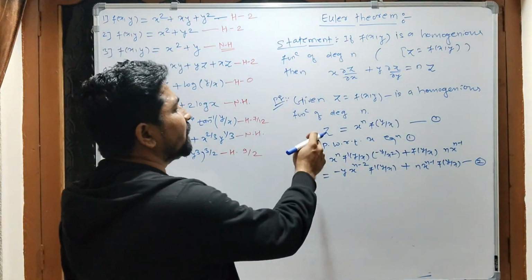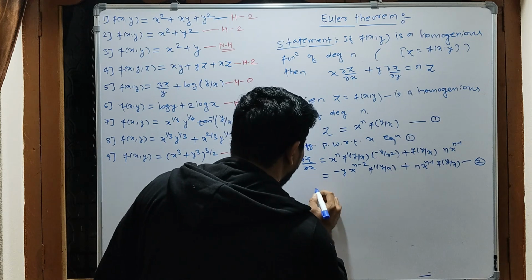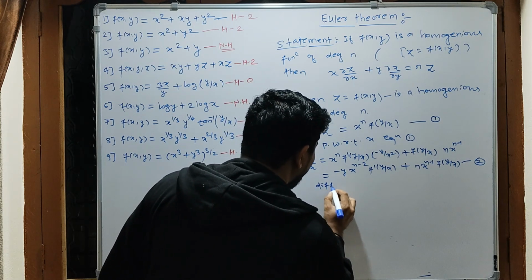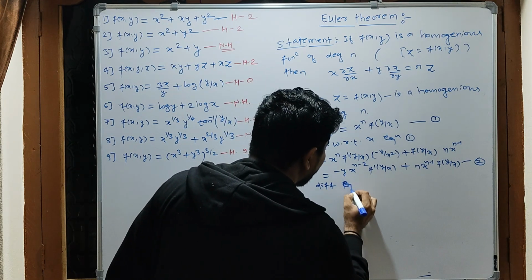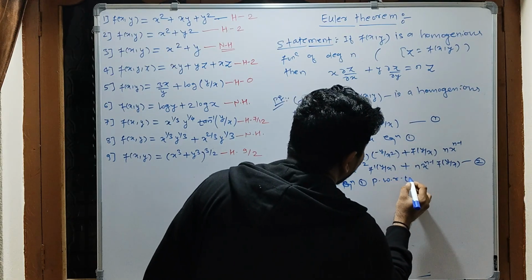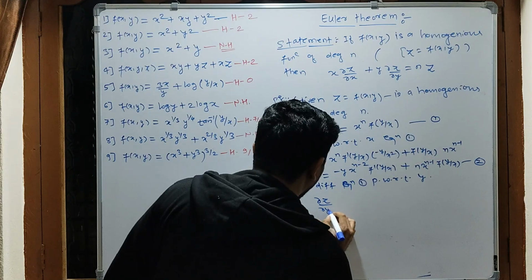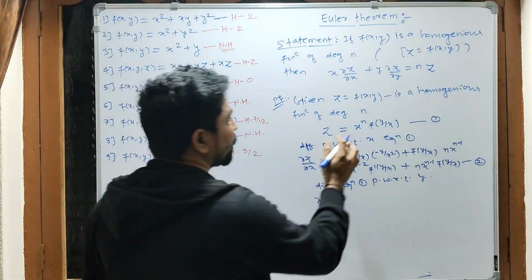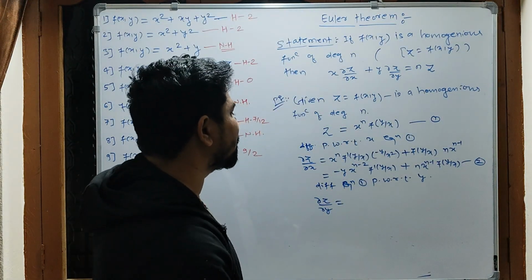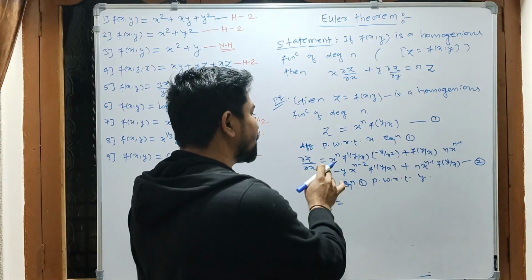Now partially differentiate equation 1 again with respect to y. So this is z with respect to y. Here, dou z by dou y is equal to, now while taking the partial derivative of z with respect to x, we treated y as a constant.